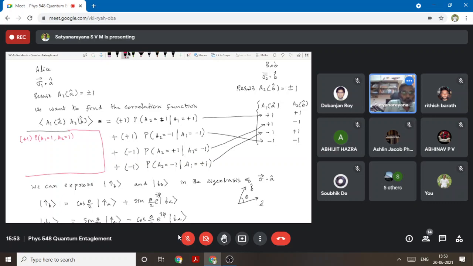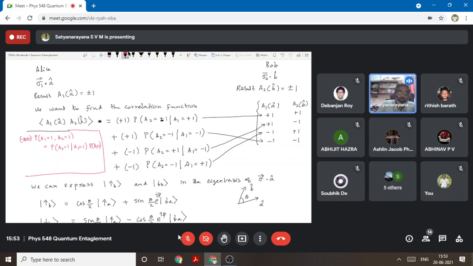This probability can be written as the probability that A2 is equal to 1 given A1 is equal to 1, into the probability of A1 is equal to 1. Okay, the conditional probability into the probability of A1 is equal to 1.